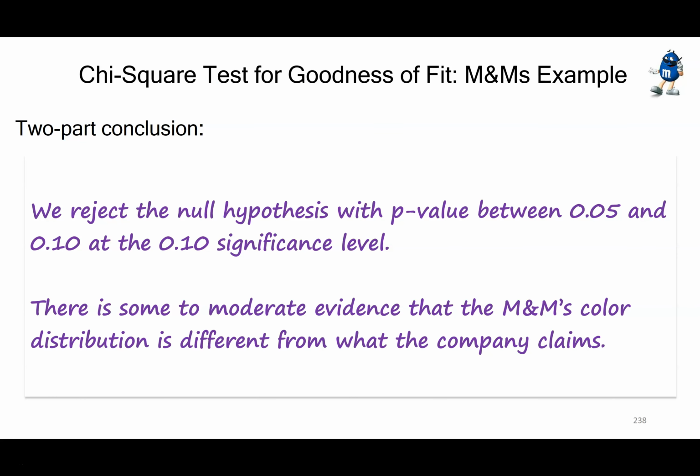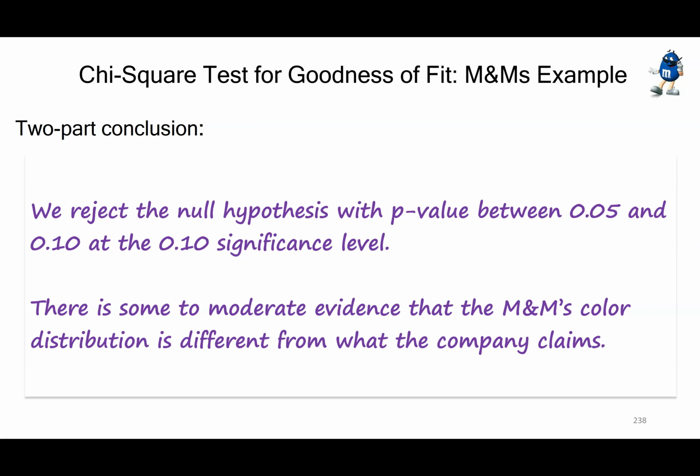So for my two-part conclusion, I need to say whether or not I reject the null hypothesis, with the p-value and the significance level. And then I need to tell how strong the evidence is in terms of the alternative. So we reject the null hypothesis with a p-value between 0.05 and 0.10 at the 0.10 significance level.